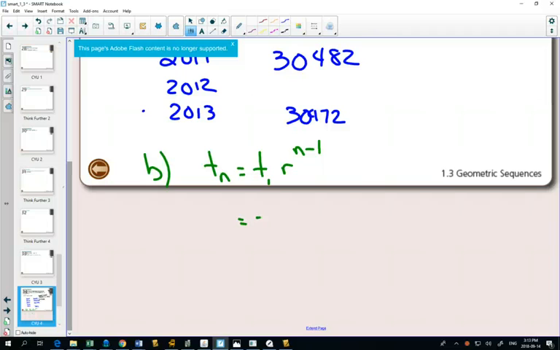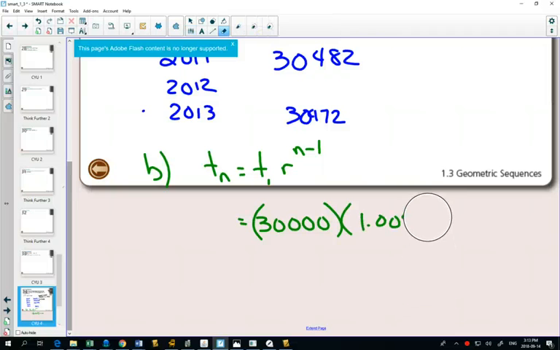We know term 1 is 30,000. We know that R is 1.008.